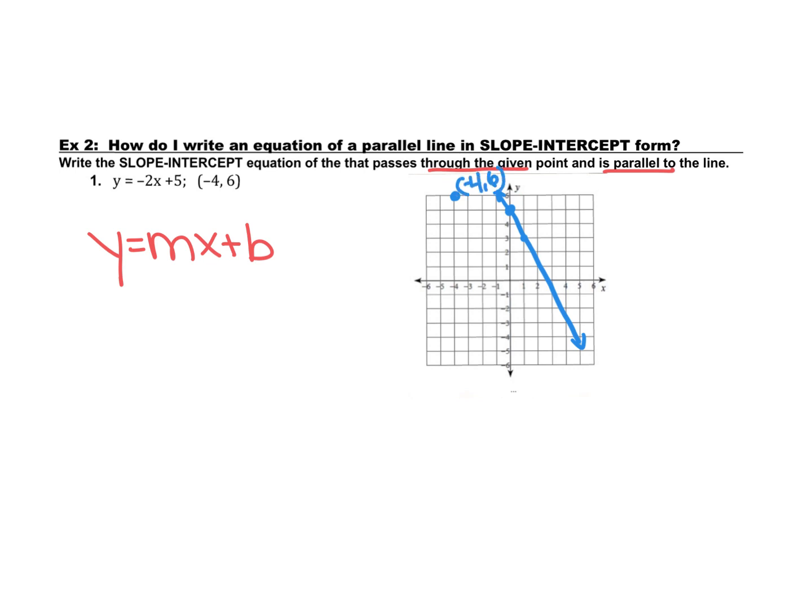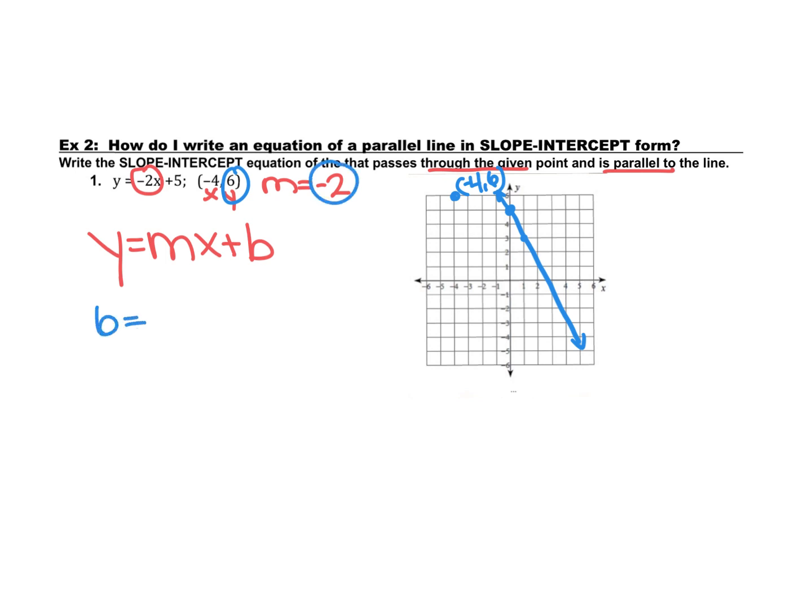All right, so let's go ahead and identify what we know and then we'll solve for what we don't. The things that we do know is that it has to have a slope of 2. Or I'm sorry, negative 2. We know that it's going to go through the point negative 4, 6. So now let's plug in what we know and solve for what we don't. So we're going to take 6 for y.